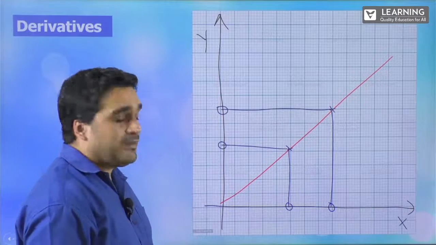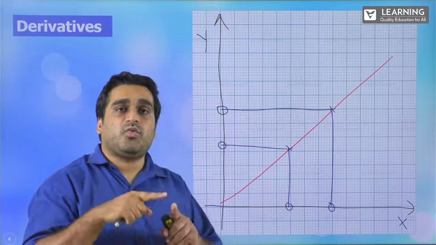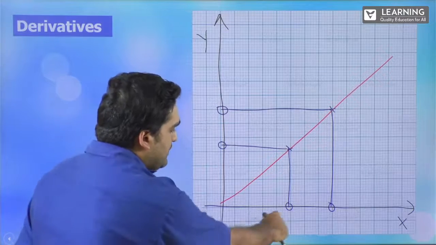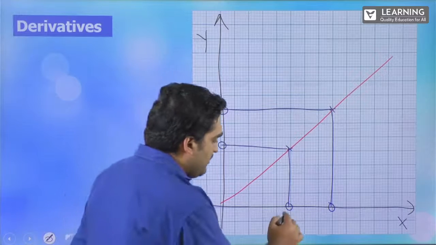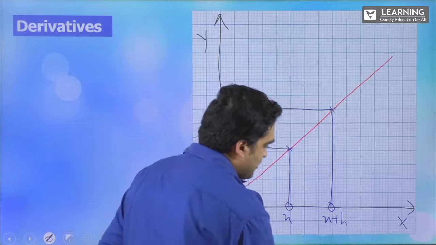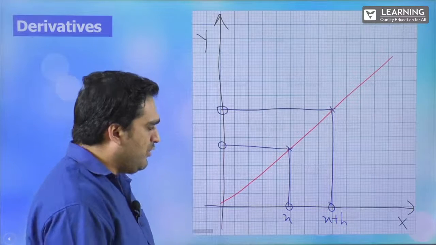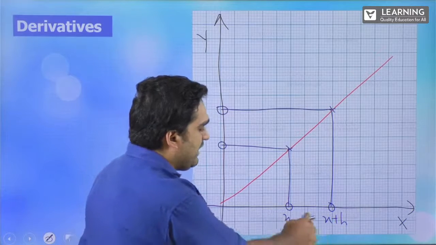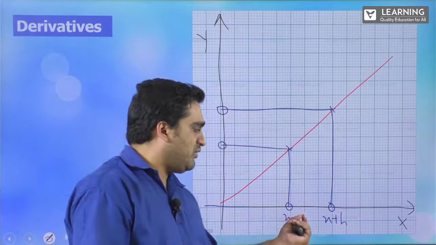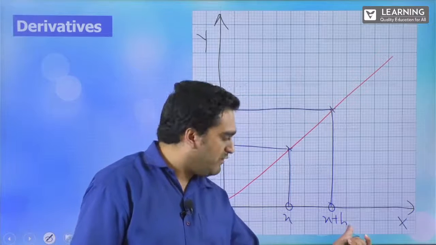All right. Now, since we know that y is a function of x, let's take for x here a variable, x and x plus h. Or you can also write it as a constant a plus h. I'm going to write it as x plus h, meaning you've gone an extra distance of h.